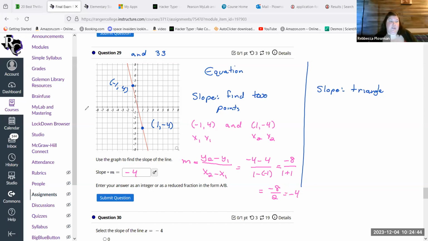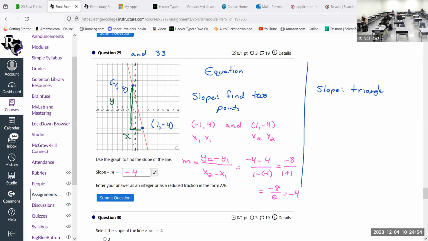Then if you wanted to do this with the triangle, once again, we just found 2 points. We made a triangle between them. This is your x, this is your y. So my y from this point to this point goes down by 1, 2, 3, 4, 5, 6, 7, 8.